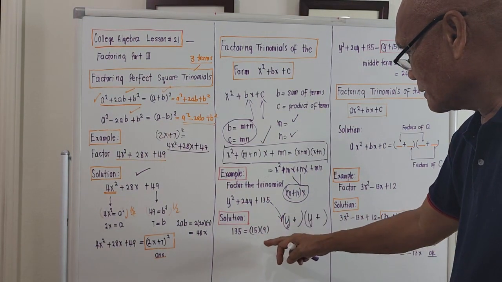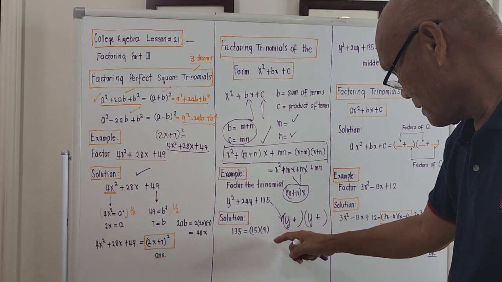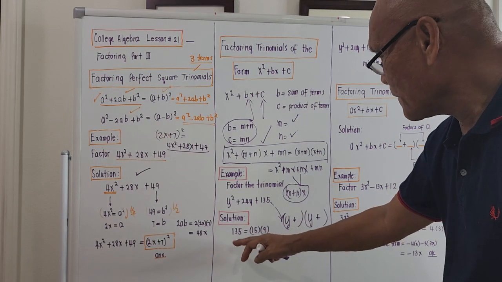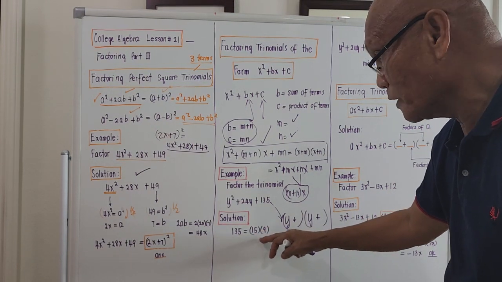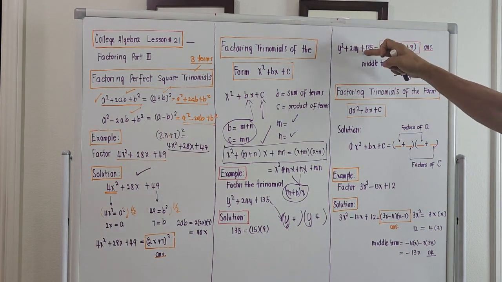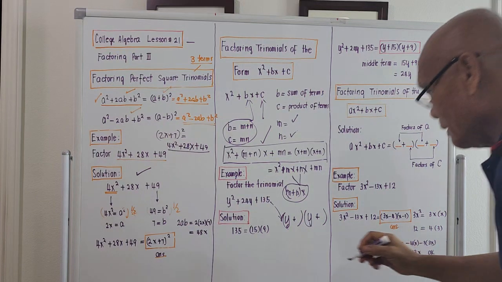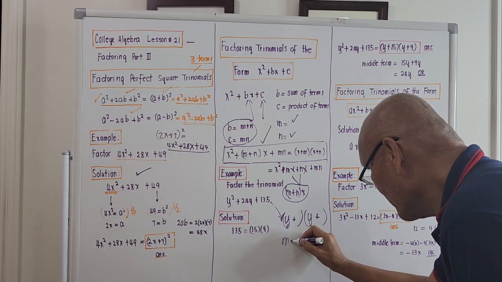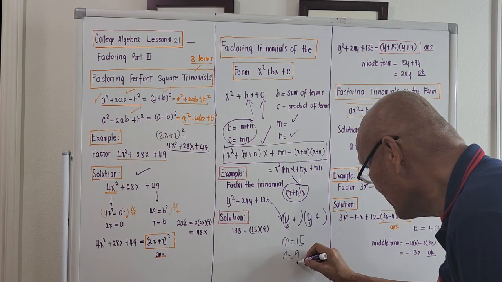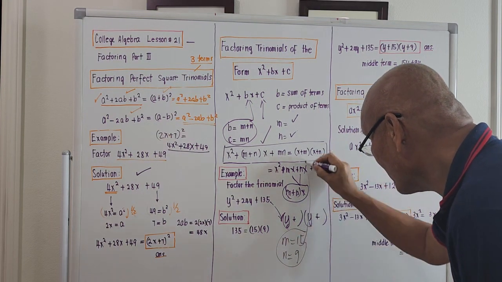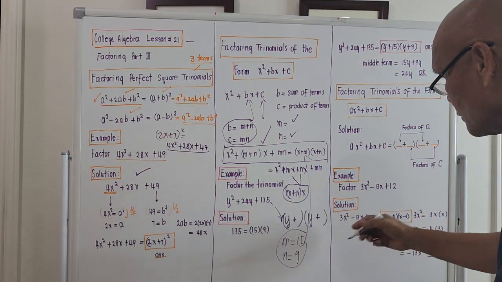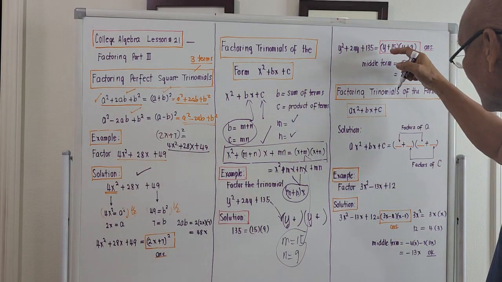15 times 9 will be 135, right? And 15 plus 9 will be 24. So the possible factors of 135 are 15 and 9. We'll try this one: y squared plus 24y plus 135. If the first term is 15 and the second term is 9, by following this formula here, the resulting factor should be the quantity y plus 15 times y plus 9.